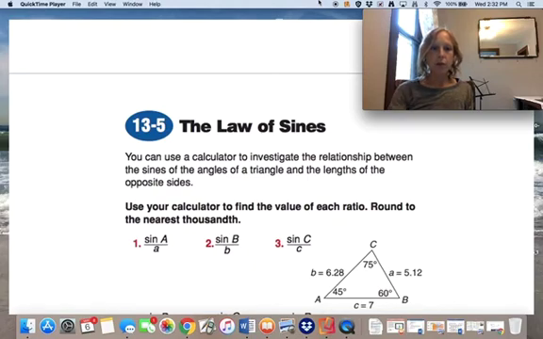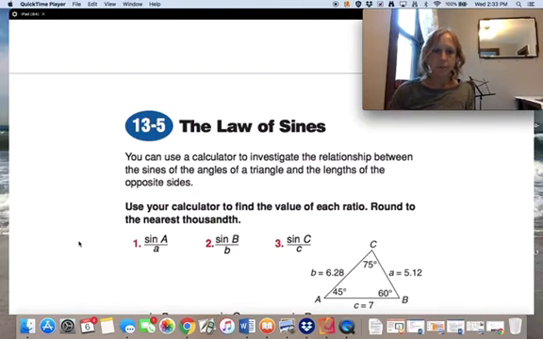And what we're going to do is use our calculator to find the value of each ratio, rounded to the nearest thousandth. Okay, so it says the sine of A over a. The capital letters always denote an angle measurement, and the lowercase letters always denote a side length.